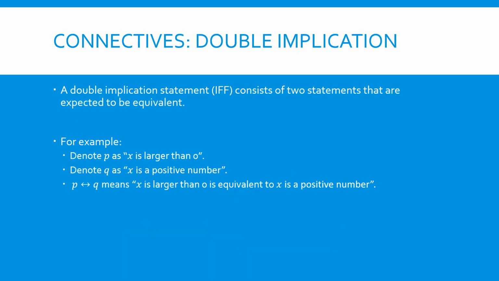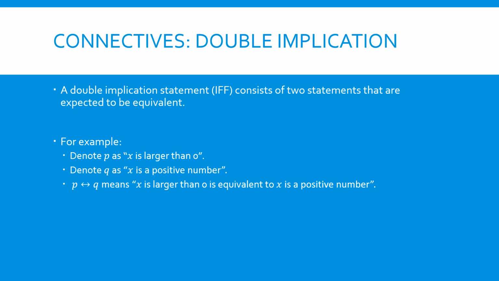The sixth connective is the double implication or "if and only if" connective. It takes two operands or elementary statements. It says that the two elementary statements are equivalent and have the same truth value. For example, denote P as "x is larger than 0," and denote Q as "x is a positive number."